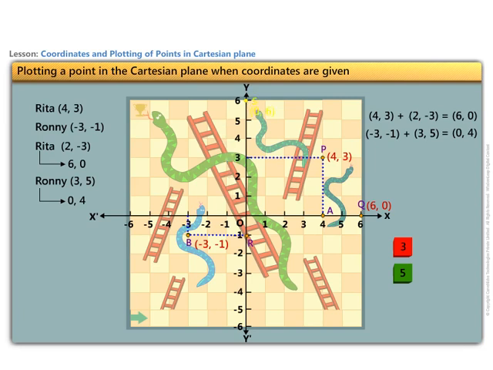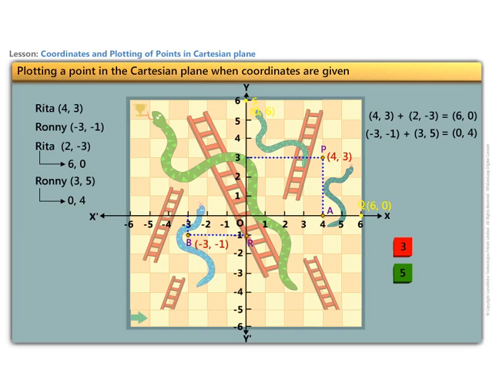So, Rita and Ronnie are at positions Q(6, 0) and S(0, 6). Are the new positions the same? No, the two points are at two different locations. Point Q is on the x-axis and the point S is on the y-axis. From this, we can conclude that if we interchange the coordinates x and y, the position of (y, x) will differ from the position of (x, y).